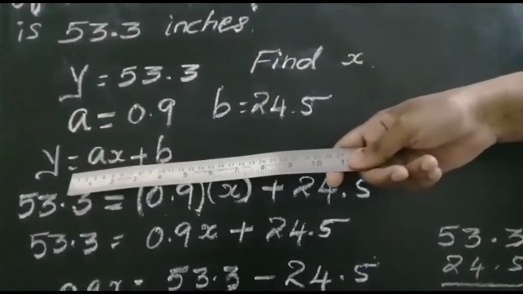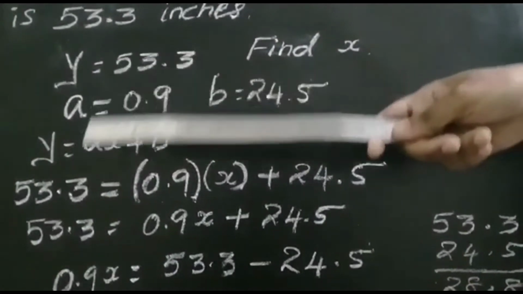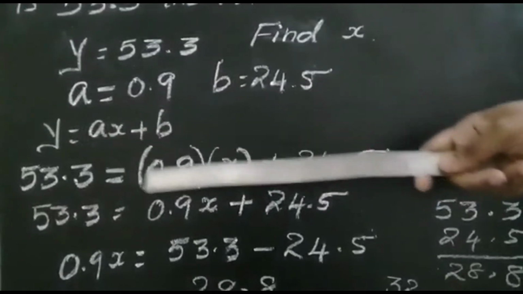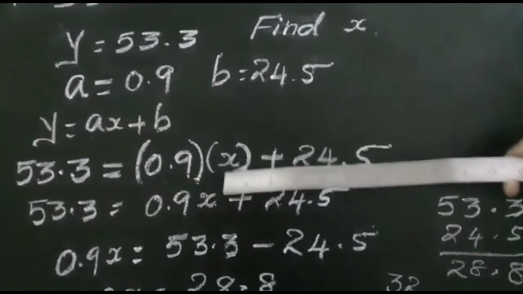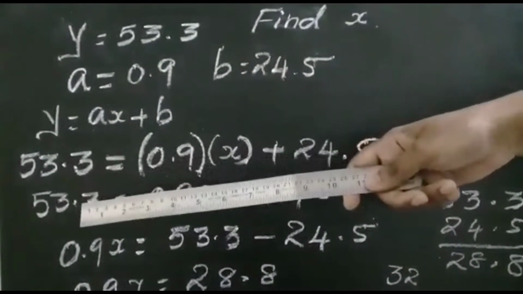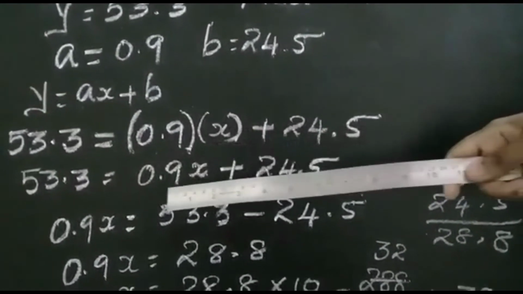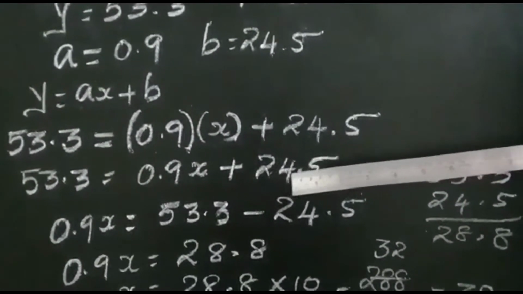So what is the equation here? y equal to ax plus b. Now substitute y equal to 53.3 equals 0.9 into x plus the b value 24.5. So 53.3 equals 0.9x plus 24.5.